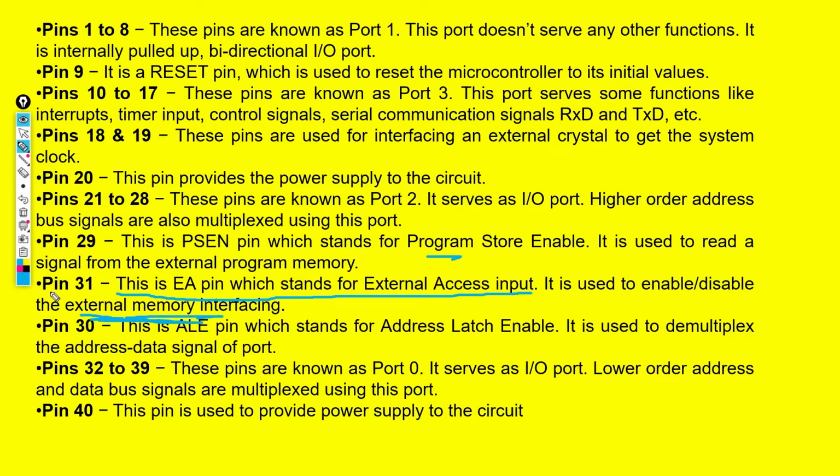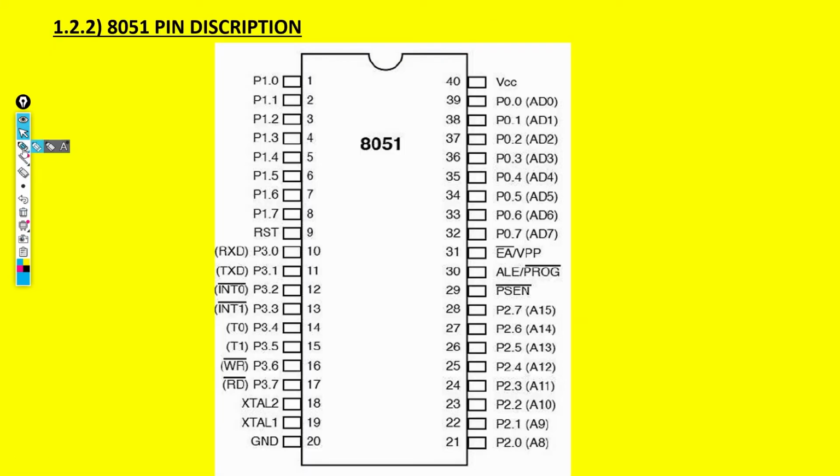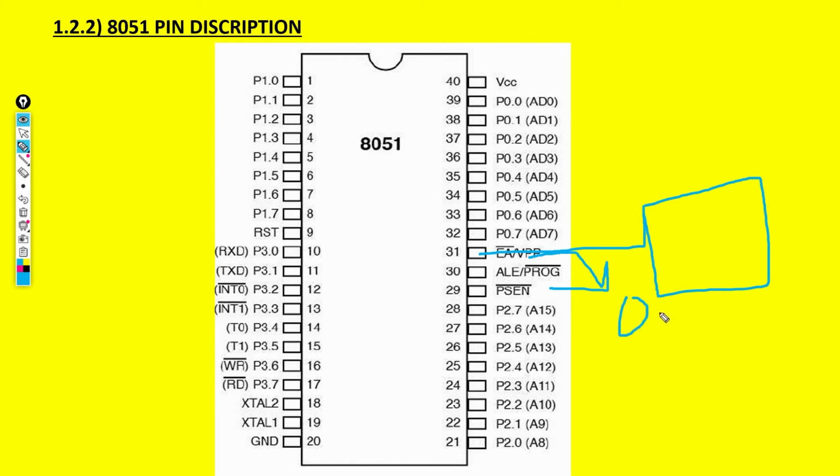This 31st pin, EA, external access, is used to enable or disable the external memory interfacing. When we apply 0 or 1, it can disable or enable the external memory. This is the function of the 31st pin.